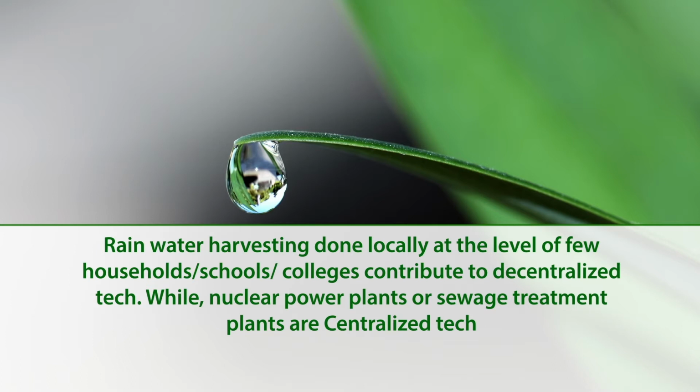So, this example is for a decentralized technology, and here it is at the level of few households, and you can even have it for your official building, your hostels, a school or college. So, it is a small scale technology. It contributes towards tapping of the natural resource, which is rainwater. So, it is environment friendly.